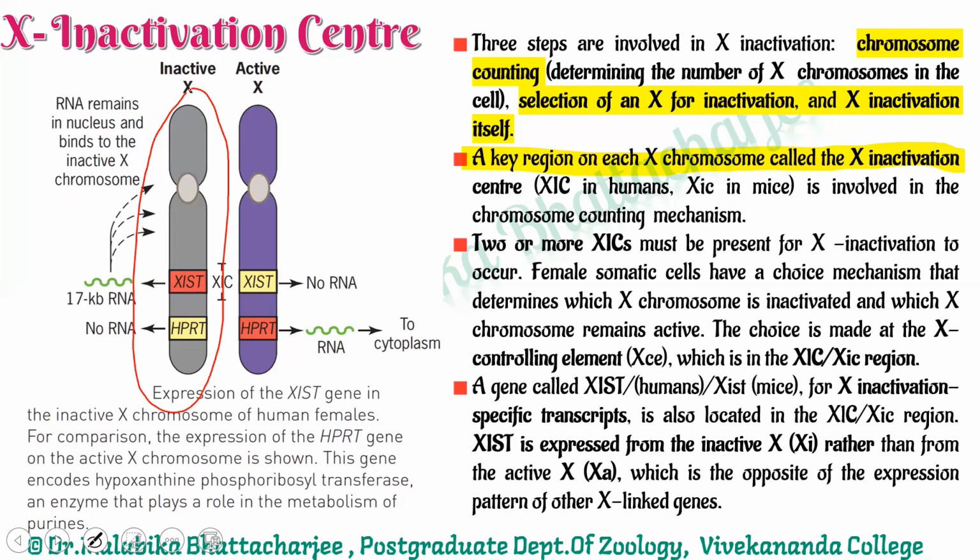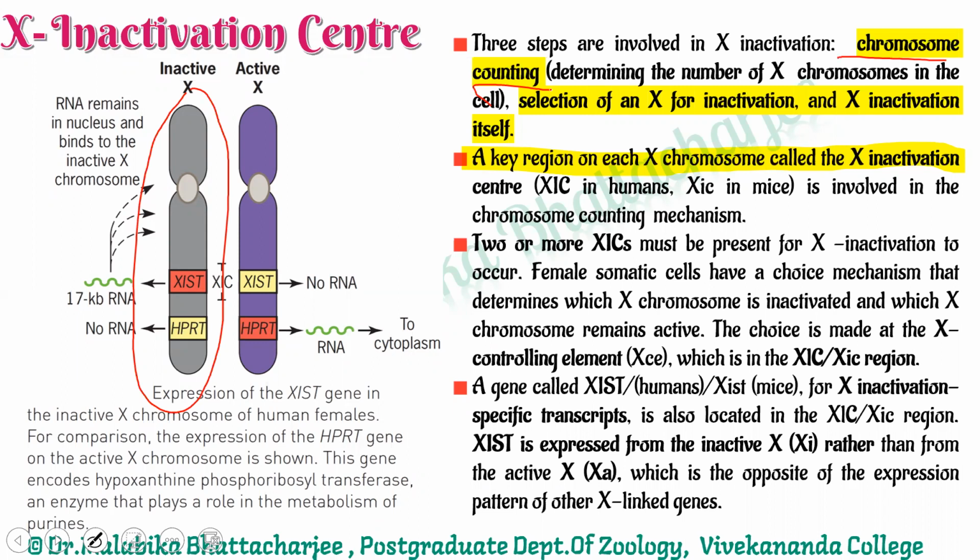Now, before coming to the fact that one of the chromosomes is randomly inactivated, the X inactivation process takes place through 3 steps. The first step is chromosome counting. That means if there is more than one X, then only the phenomenon of X inactivation will start.